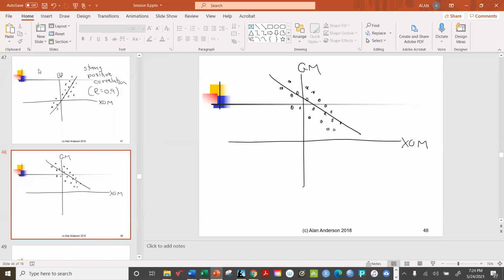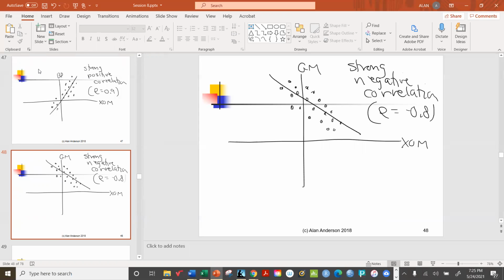And so here you've got what I would call a strong negative correlation. And let's just say, just to make up an example, this is approximately equal to -0.8. Again, it's not perfect. To reach -1, all those points would have to be right on the line. They're not quite there, but they're pretty close.